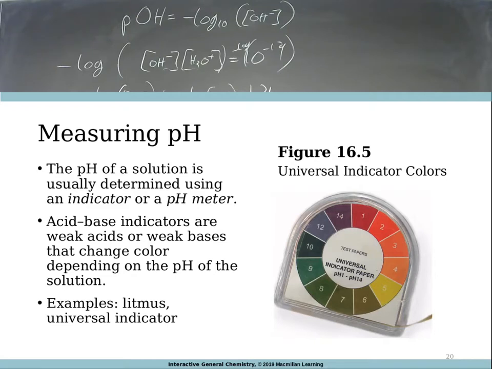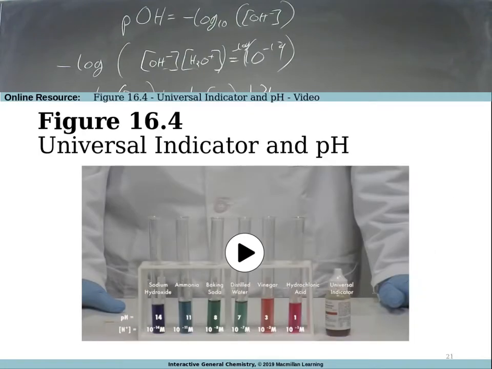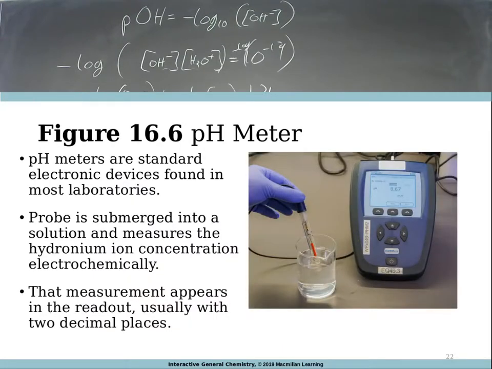It can also come in the form of an indicator that you drip into your solution, and the whole solution will change color based on the pH. You've probably encountered indicating paper before. I can't remember if you use it in 1215 or not, but we're going to skip that figure.